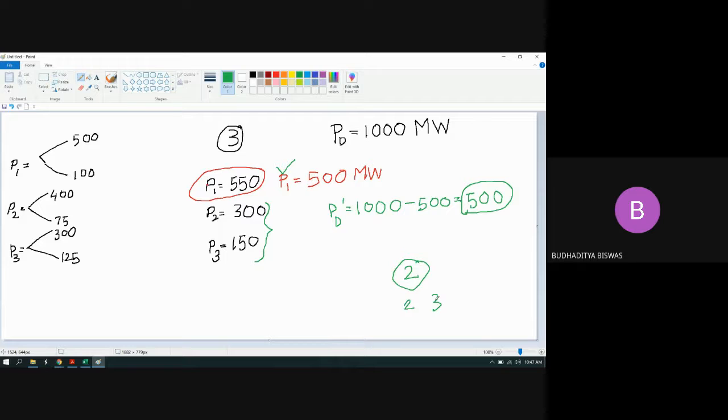Then we again run the economic operation problem and find the modified generation of P2 and P3 using the coordination equation or the economic generation problem solution method. Okay. And P1 generation should be fixed at 500 megawatt. So this is the procedure for considering the generator limit. Got it?